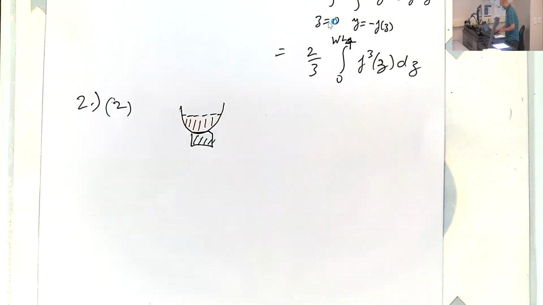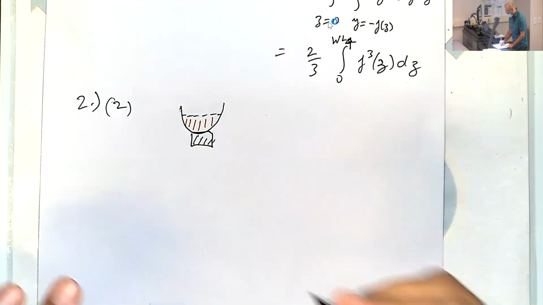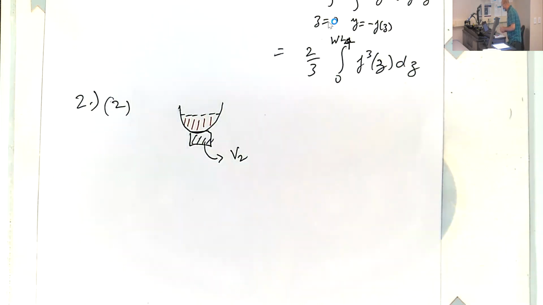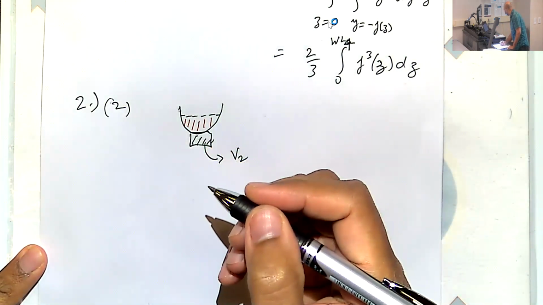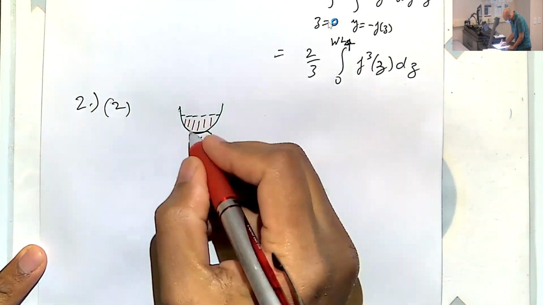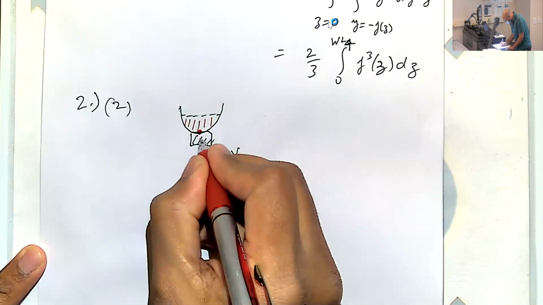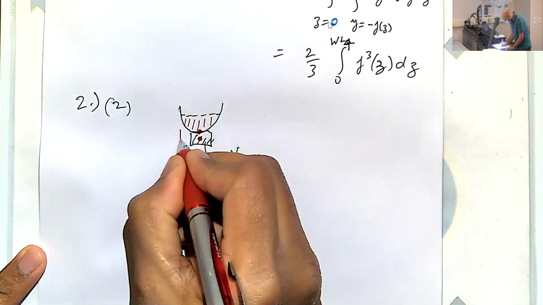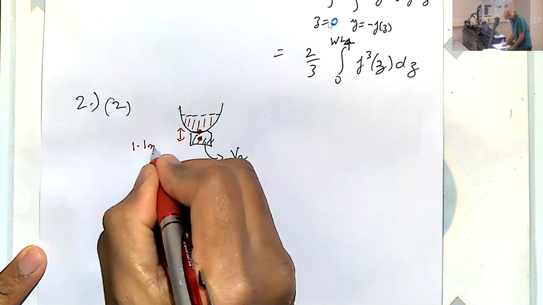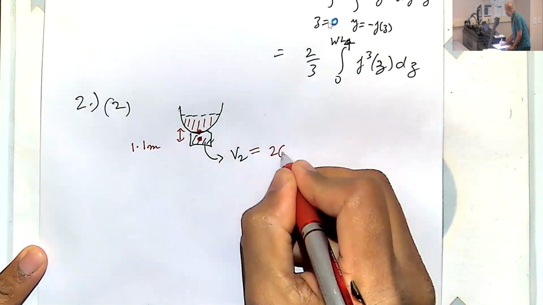Let me read the problem. Assume that there's an appendage. Volume is given for this, let's call this V2, it's 262 meters cubed. Centroid of volume is 1.1 meters below the baseline, below the keel.